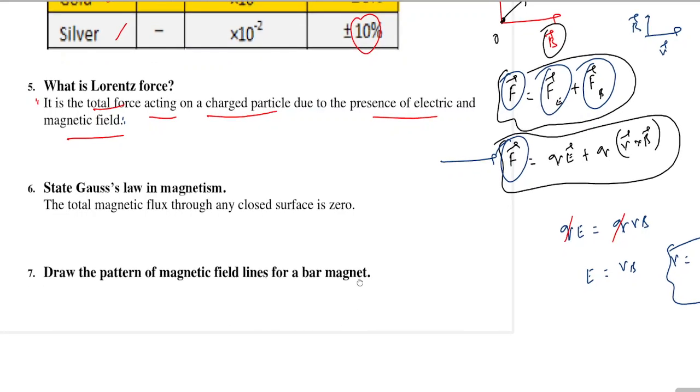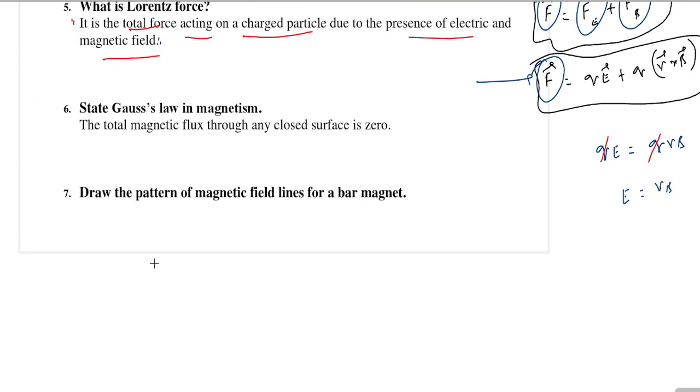The magnetic flux is given as B dot dA. This is the definition of magnetic flux. So the total magnetic flux through any closed surface is equal to 0. This is Gauss law in magnetism.